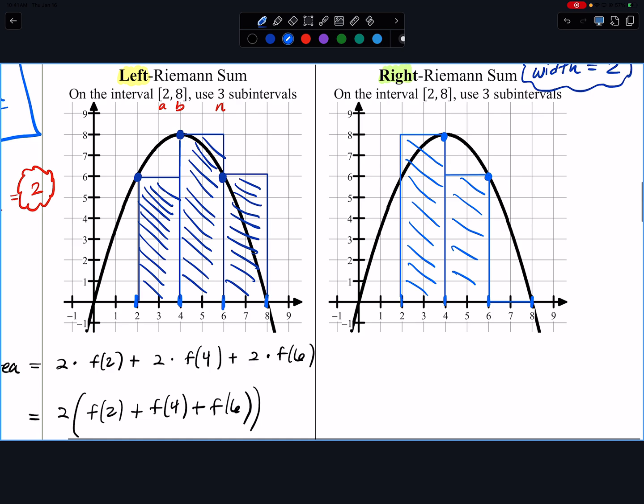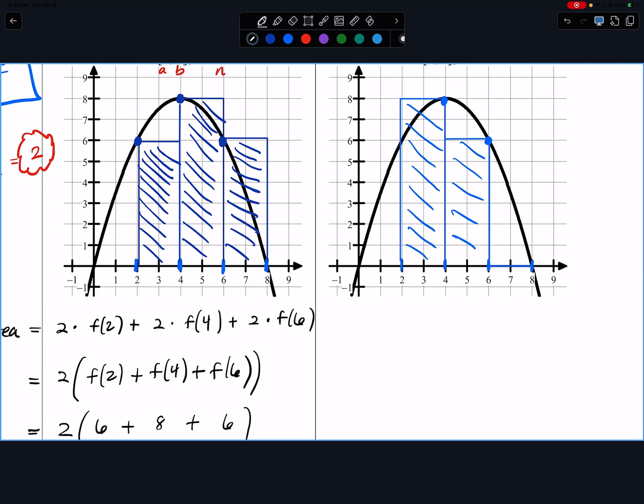Okay? So area is equal to base times height. So the base of this rectangle is 2. So 2 times f of 4 plus 2 times f of 6 plus technically 2 times f of 8. Again, they all have a 2 in common, so I'm going to factor that out.